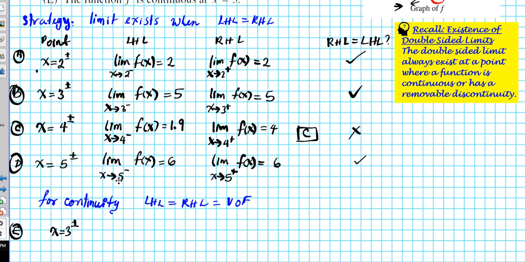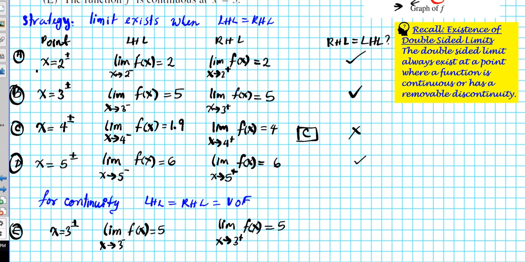So let me just copy down what I wrote earlier. The left hand limit of the function is equal to 5. The right hand limit as x approaches 3 from the right is also equal to 5.